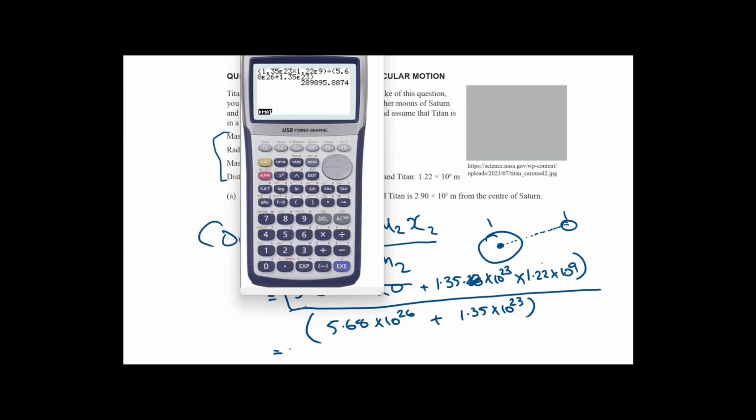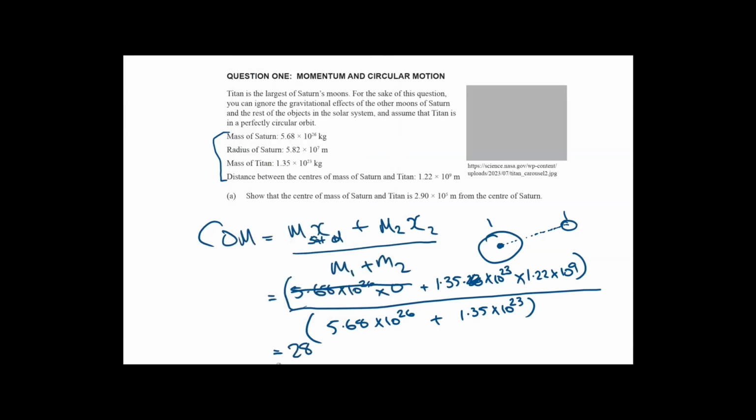So we get 28, and it's disappeared off my screen. 289,895.8874, and we need to convert that to 2.90, which is 3 significant figures, times 10 to the 5.